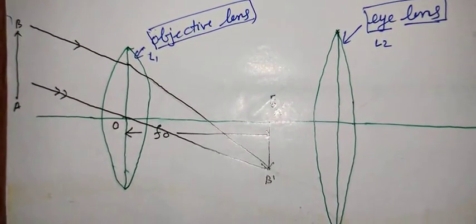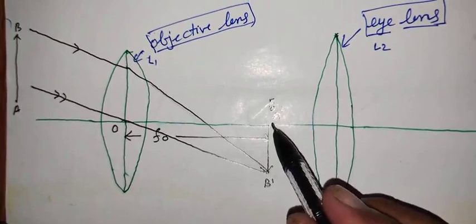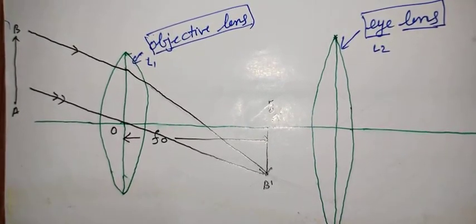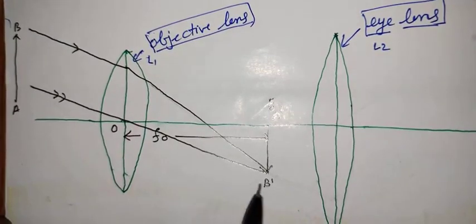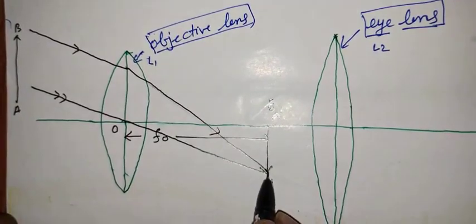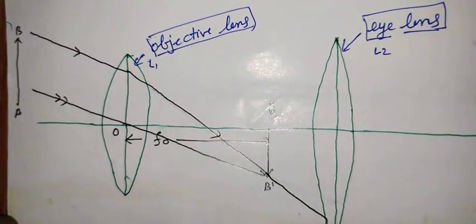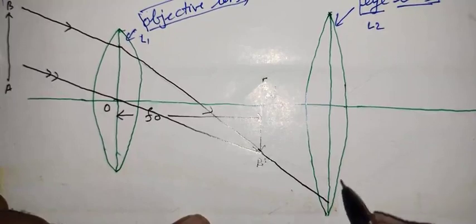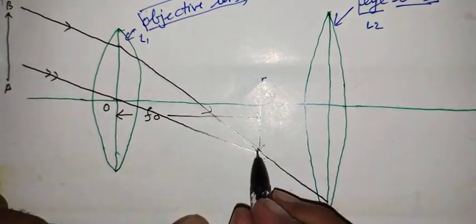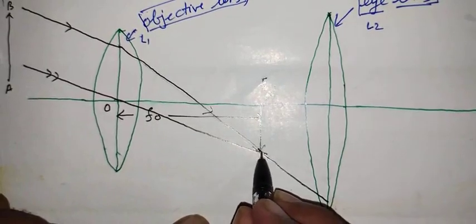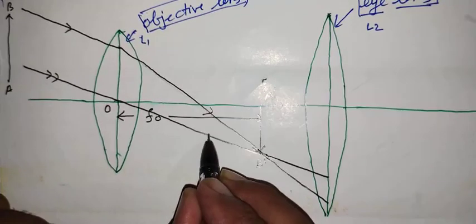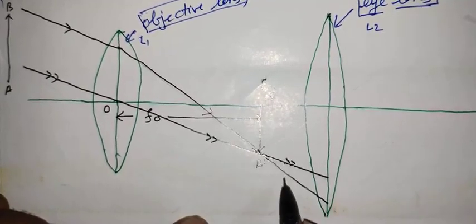Now, the image formed by the objective lens is the object for the eye lens. So see the further ray diagram. This first ray will move forward and fall on the eye lens, and the second ray, which passes undeviated through the optical center, will strike here.